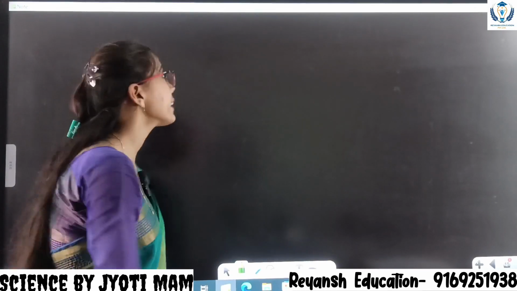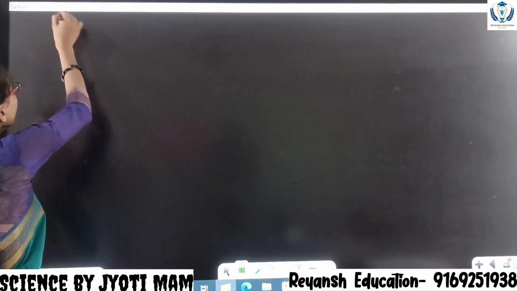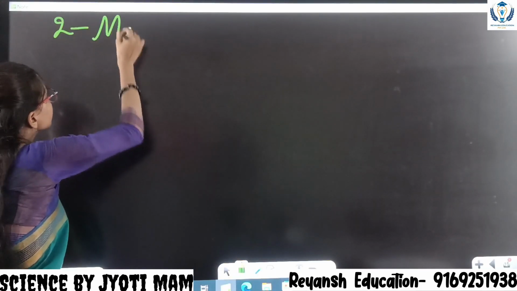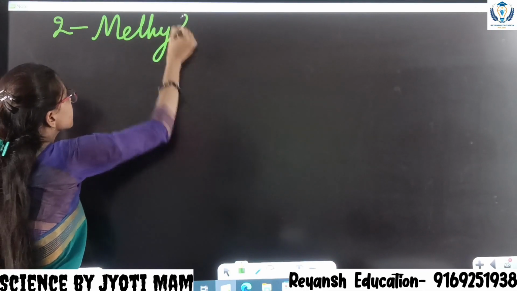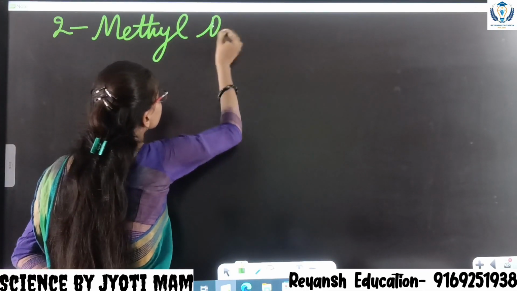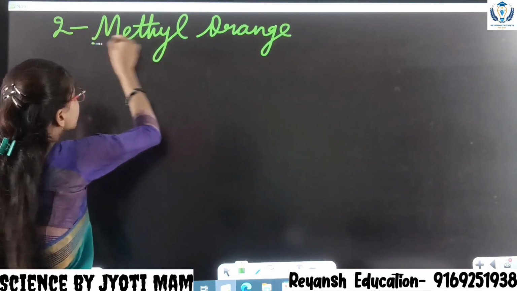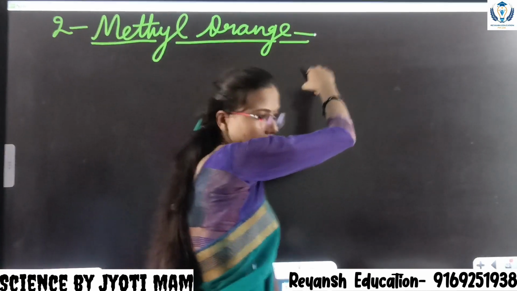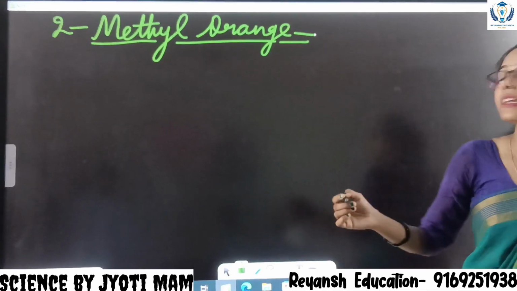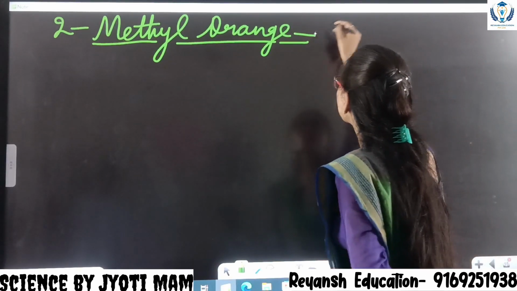The next and last indicator is methyl orange. The color of methyl orange is orange.